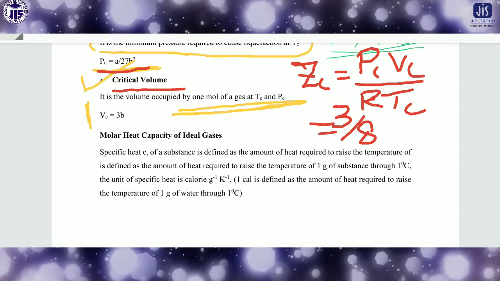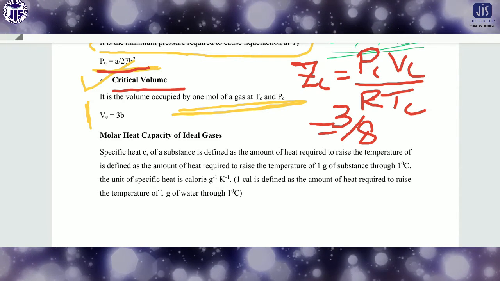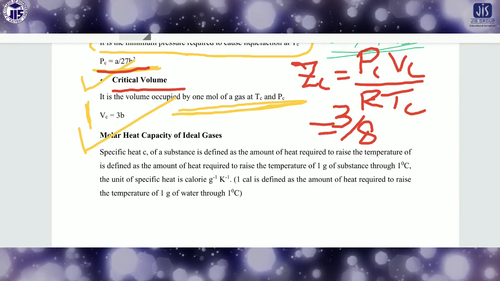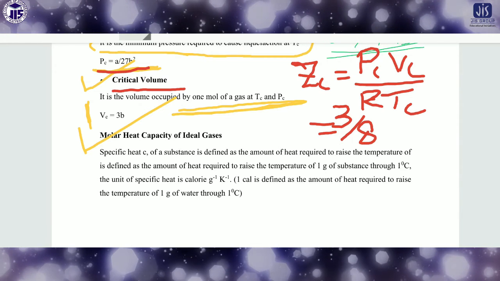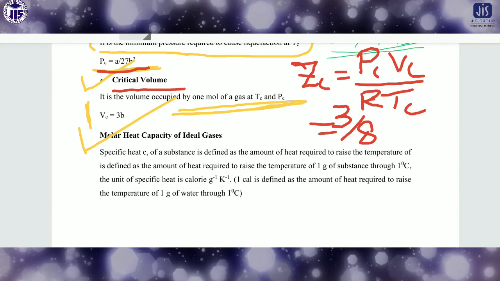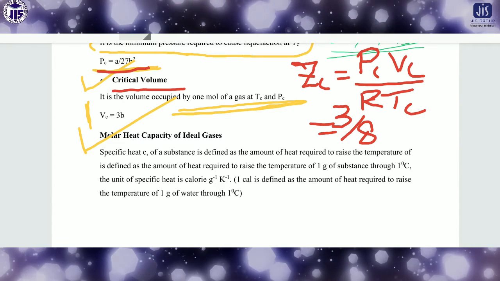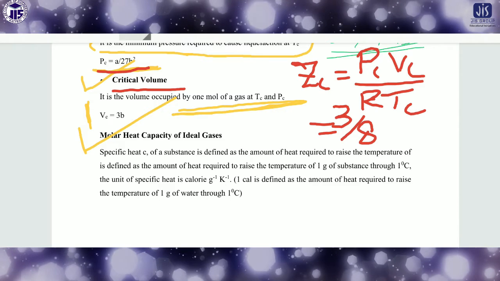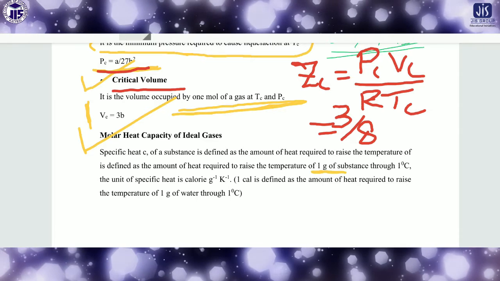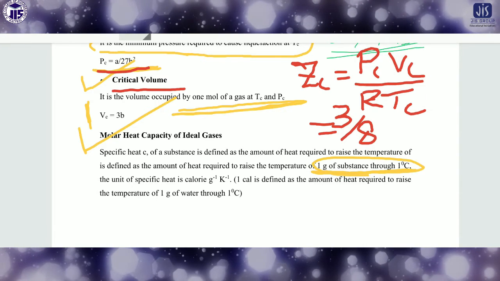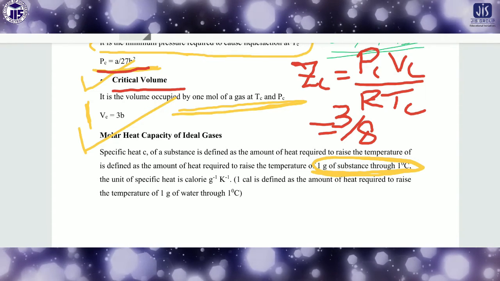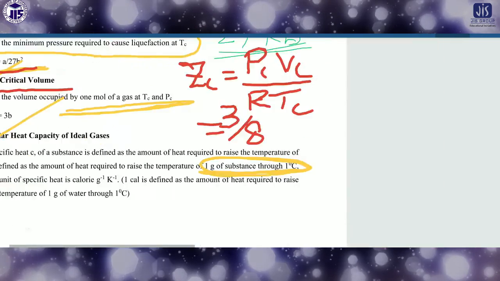Now come to the point: what is the molar heat capacity of an ideal gas? Specific heat of a substance is defined, as I already discussed in the thermodynamics chapter, as the amount of heat required to raise the temperature of 1 gram of substance by 1 degree C. This is called the specific heat capacity. If it is applicable for 1 mole of gas, it is called the molar heat capacity.